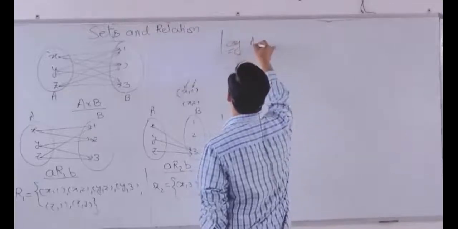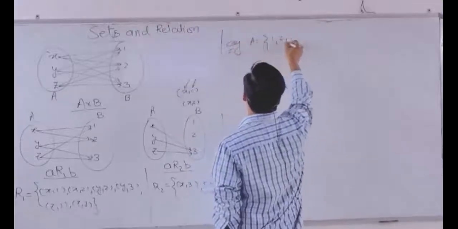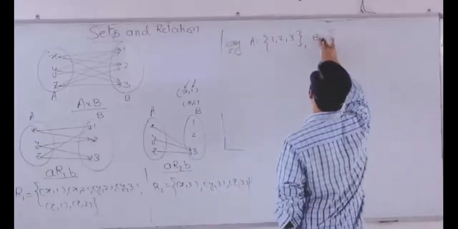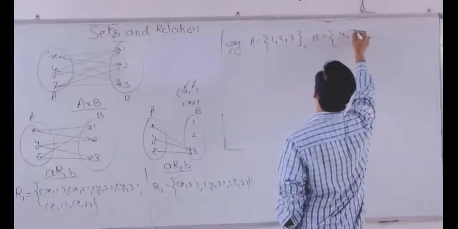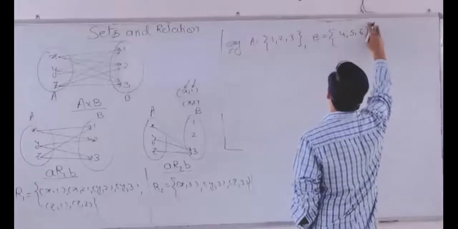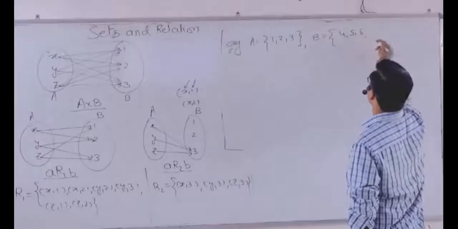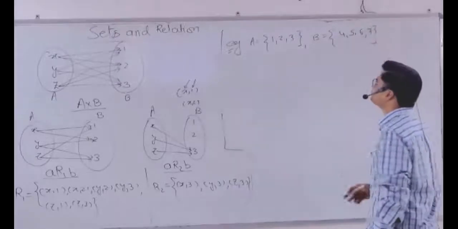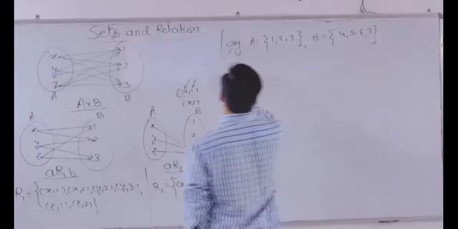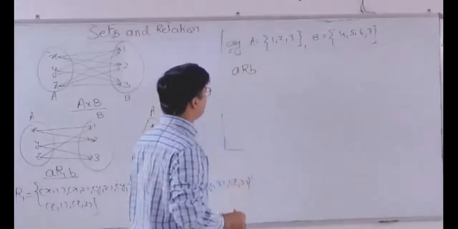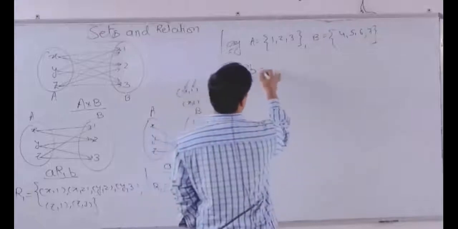Let's say set A contains 1, 2, 3. Set B contains, let's say, 4, 5, 6. It can have a different number of elements also. Let's say here I'm taking 7. Now A R1 B, I'm defining in such a way.